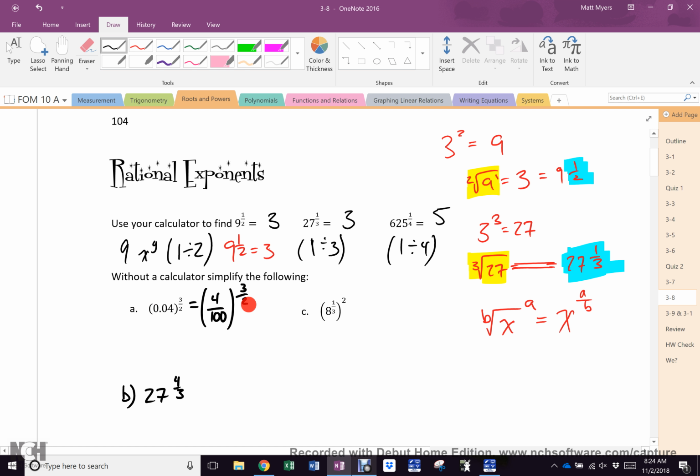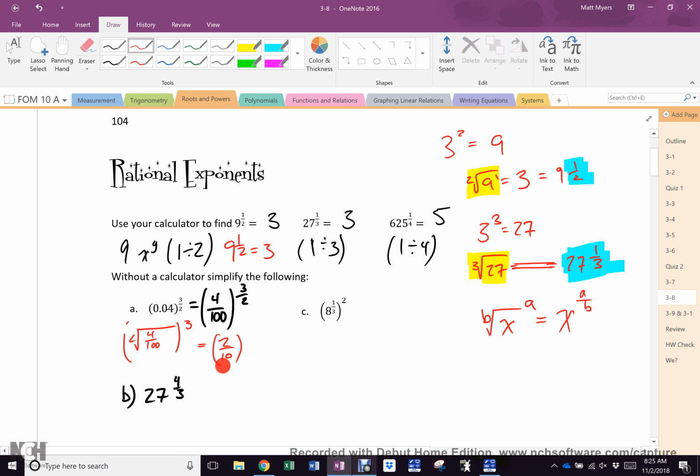What do you know about any base to any rational exponent? Where does the denominator go? To the index. Where does the base go? To the radicand. And that is all to what power? 3. What is the square root of 4 over 100? 2 over 10.